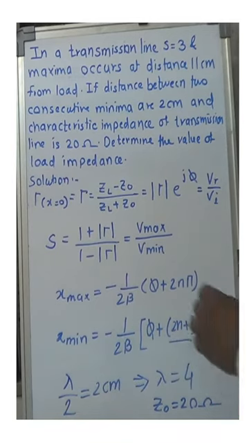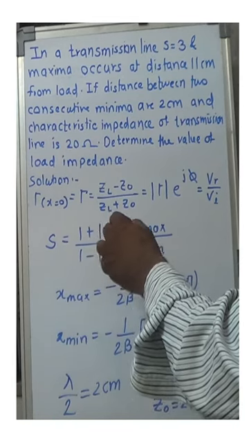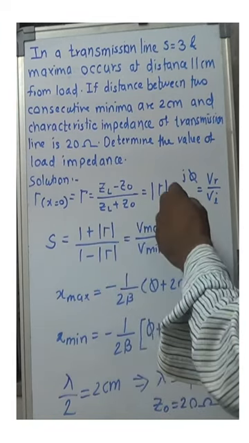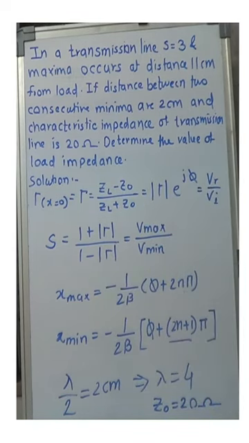So instead of 2n, you put 2n plus 1, so you get an odd number, and with the odd number you get x minimum. These are the two important expressions. Again, always remember that if S is given, you can calculate mod of gamma, not gamma. To find gamma, you will need to find the angle.